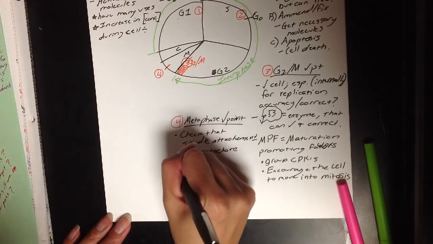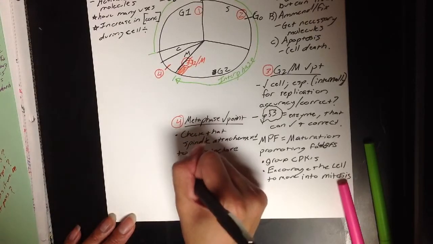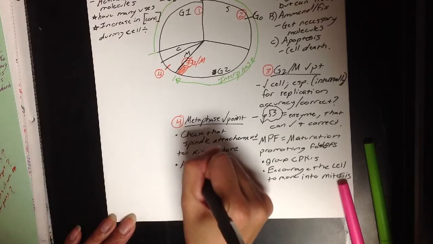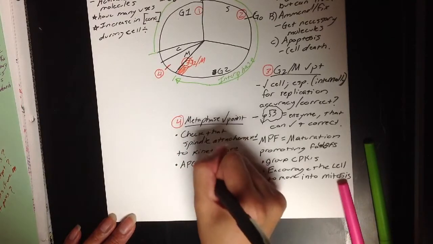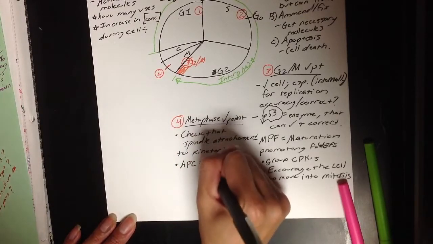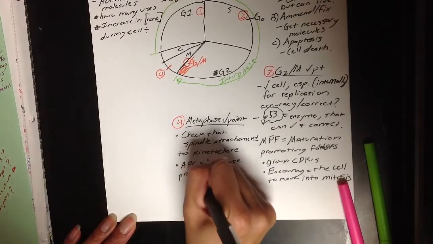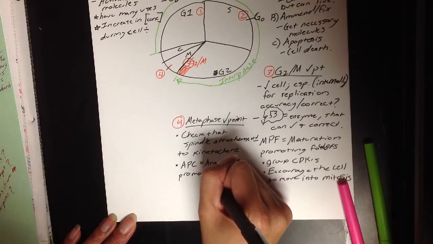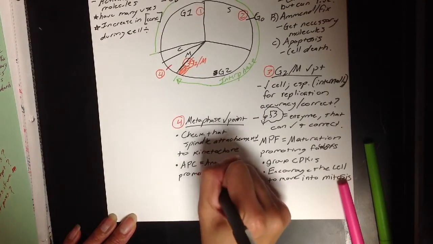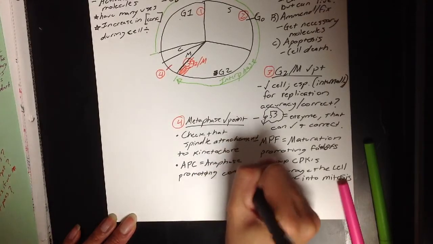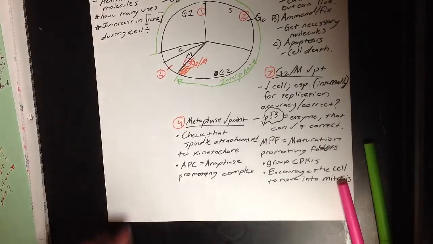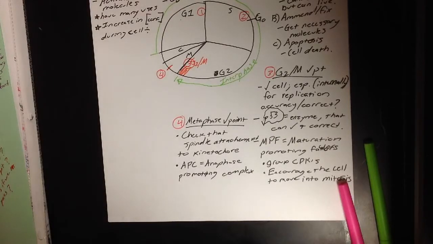Here we have another group of proteins known as the APC. The APC is known as the anaphase promoting complex. And just like it sounds, it's going to move our cell from metaphase into anaphase as long as the connection between the spindles and the kinetochore has happened properly.